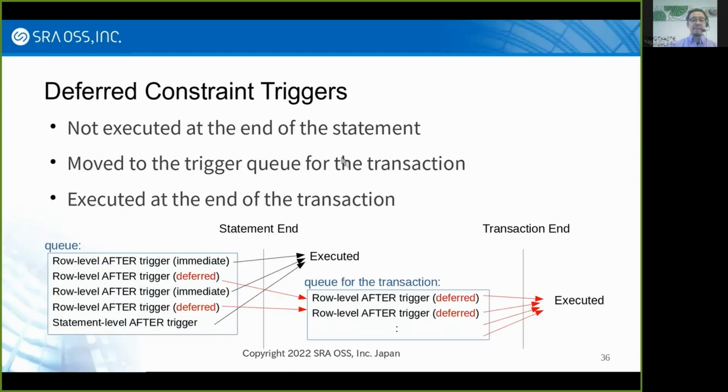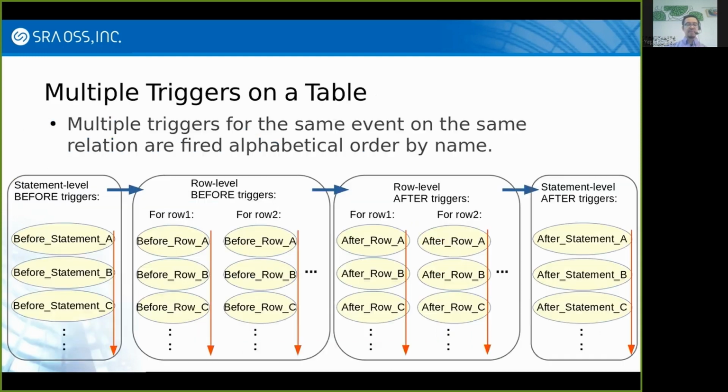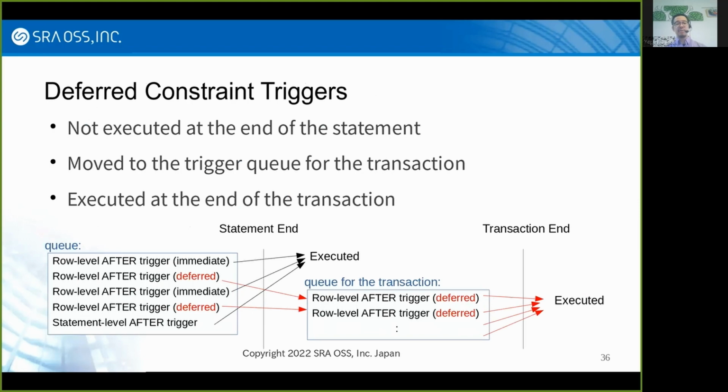So what are deferred constraint triggers? This explanation is about regular triggers. But for deferred constraint triggers, they are not executed at the end of the statement. Instead, such triggers are just moved to another trigger queue for the transaction.